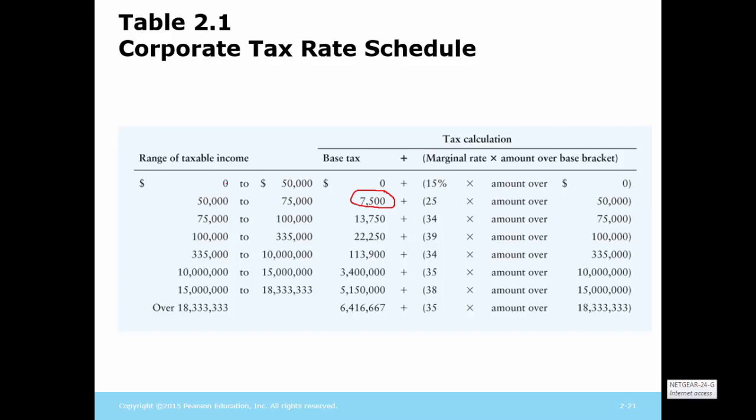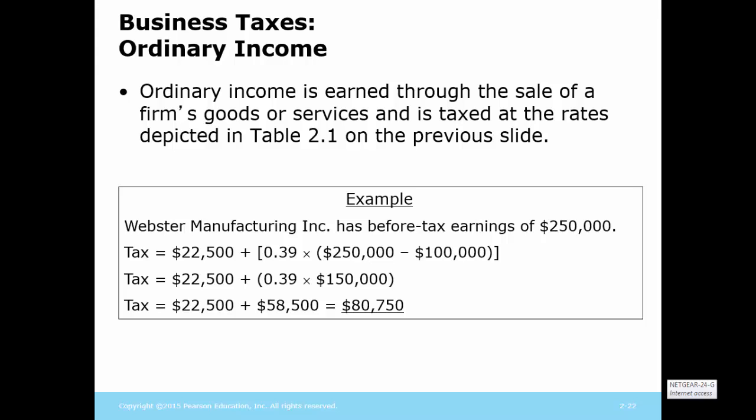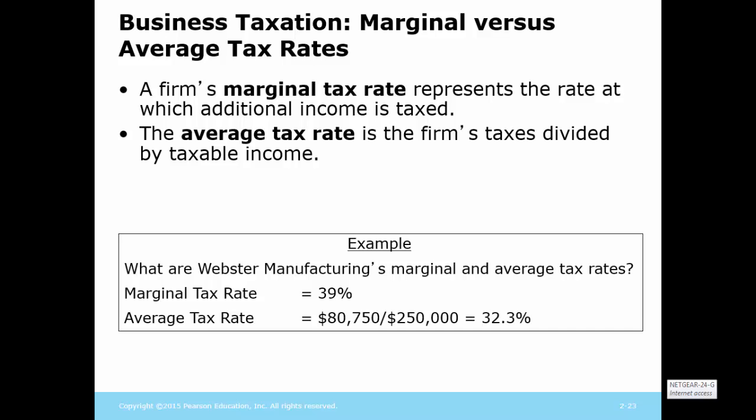Plus 39% of anything over $100,000. So here's our formula, $22,250, plus 39% of the difference. So the total tax paid is $80,750. So once you have the table with the formula, it's pretty easy to do the actual tax calculation.